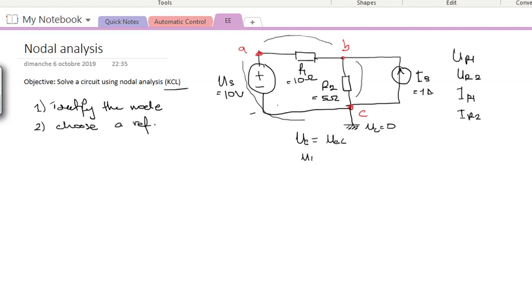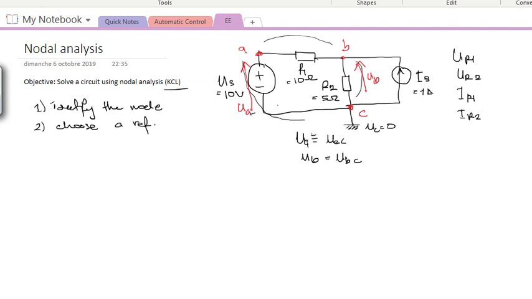And UB is basically the voltage difference between point B and point C. If I draw a line and draw arrows of voltages, UA is the voltage we have here between point A and point C, and UB is the voltage we have here between point B and point C. So that's UA and UB.